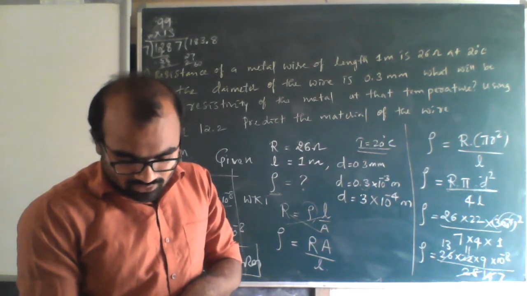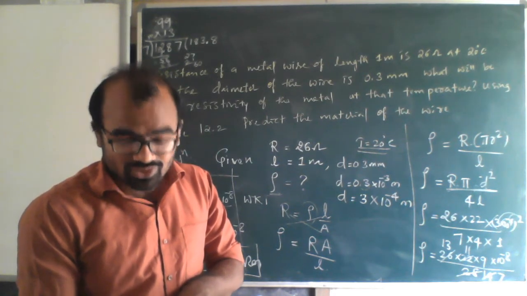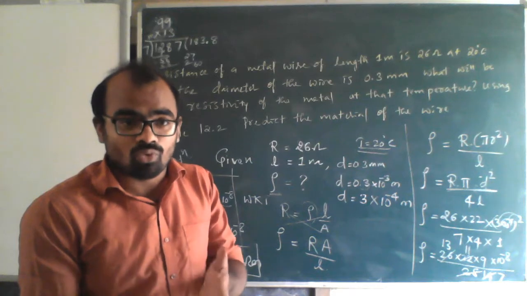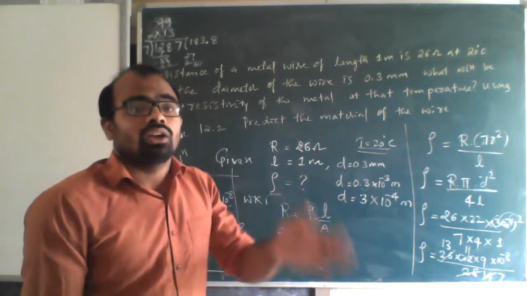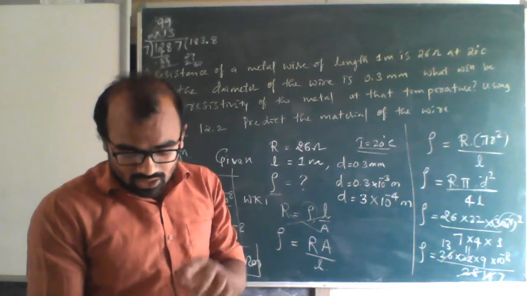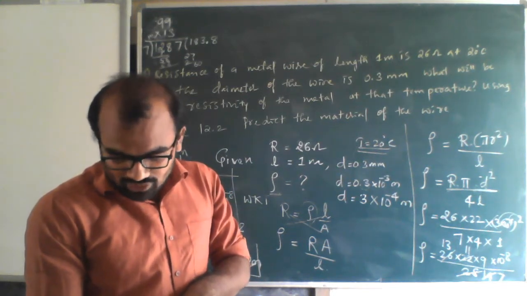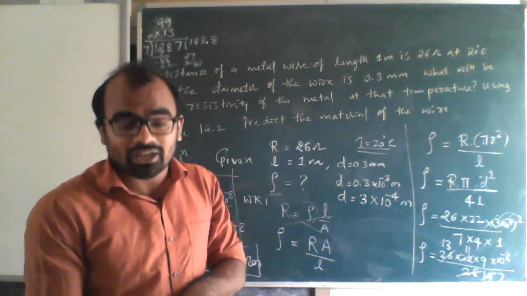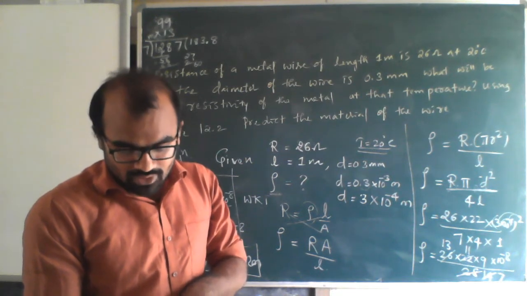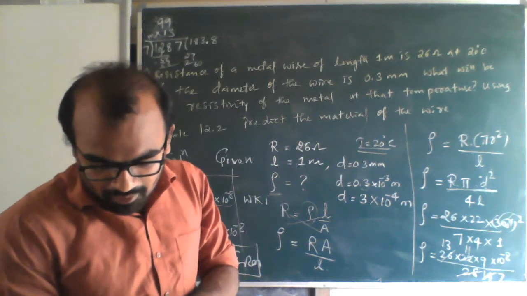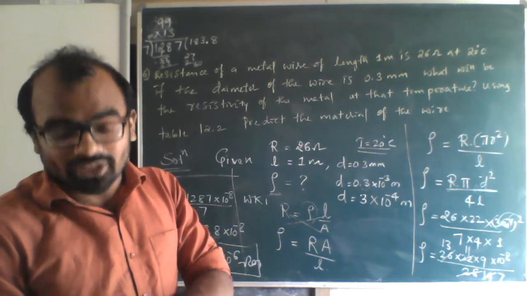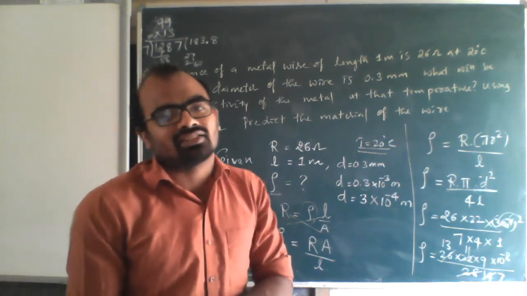If you are there in conductors last, please open the textbook. Okay, simply don't sit, please note down. Keep the textbook aside and now open it. Page number 207, table 12.2. In the materials of conductors, at last manganese is there. 1.84 into 10 to the power minus 6.